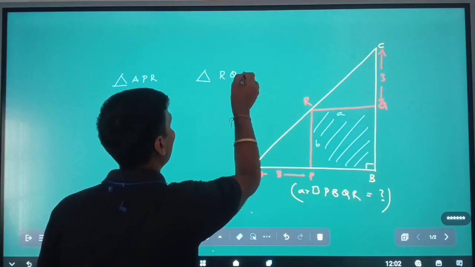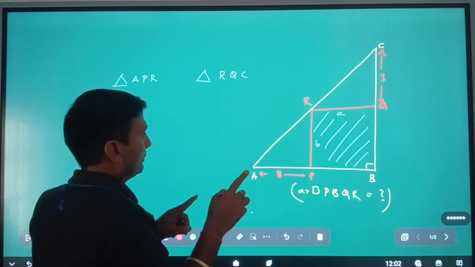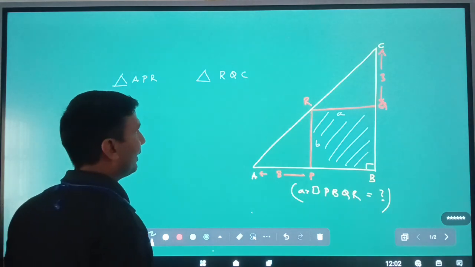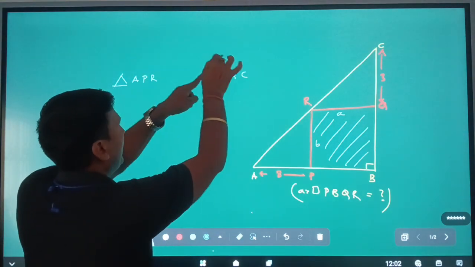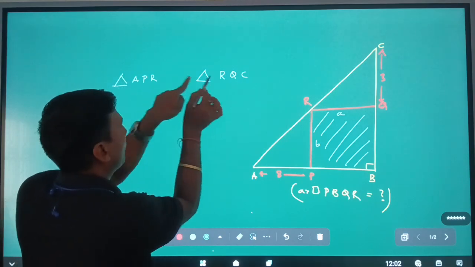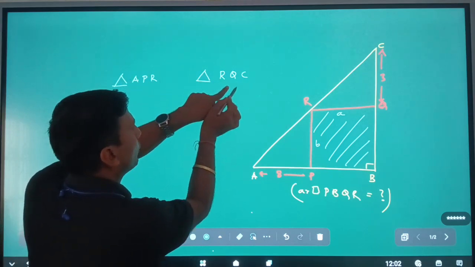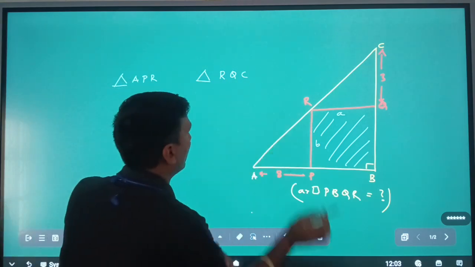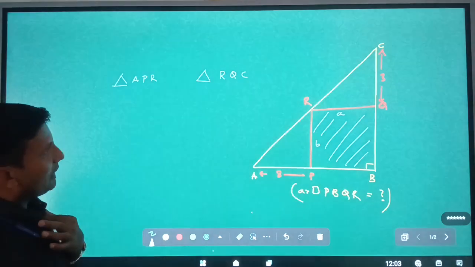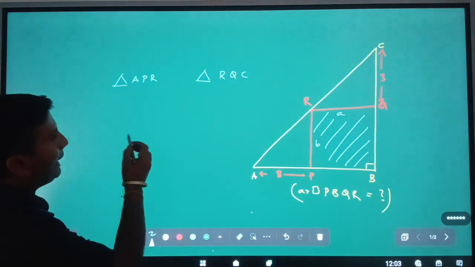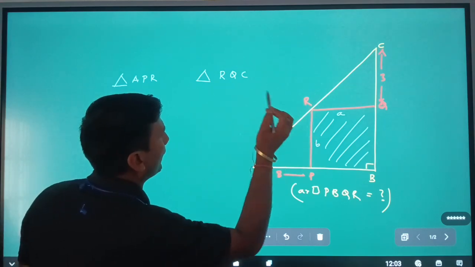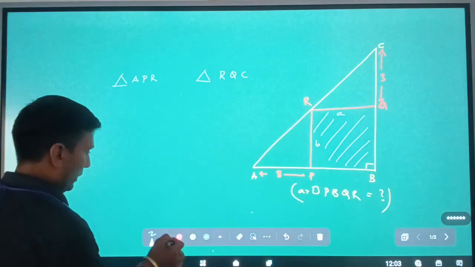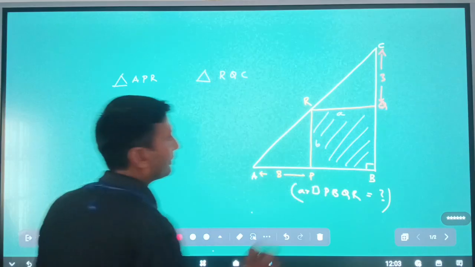Now, why am I writing in this pattern? Because the angles opposite to the corresponding parts should be equal. It means angle A should be equal to angle R, angle P should be equal to angle Q, and angle R should be equal to angle C. What I am saying here, APR and RQC. Yes.